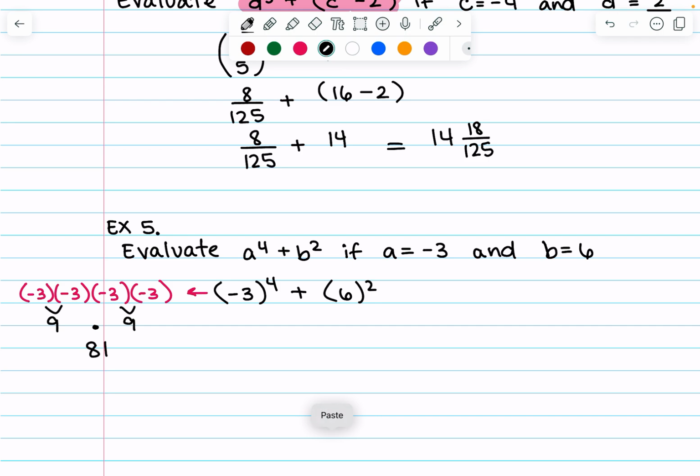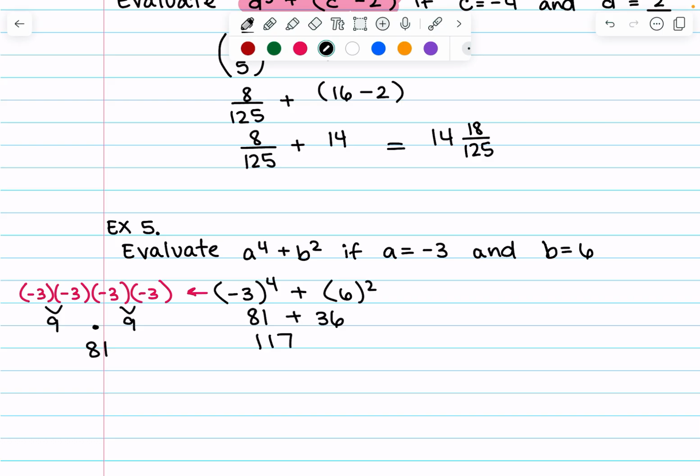So this would be 81 plus 6 squared, which is 36. Okay, when I add those together, I get 117.